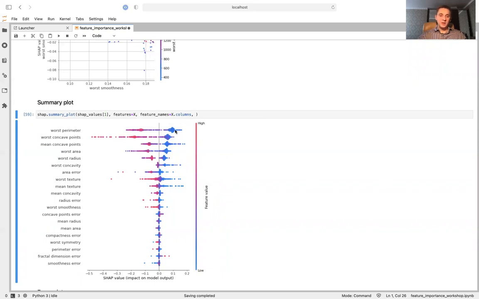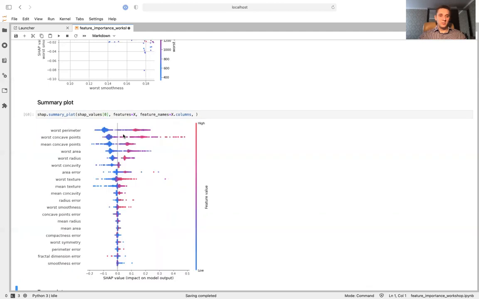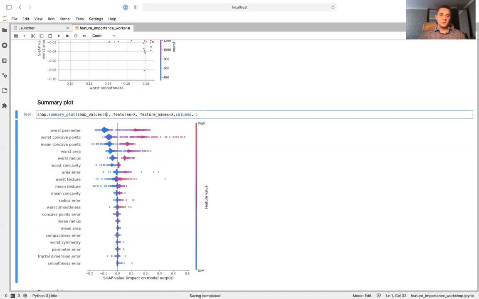So what we can see here is that lower values of your worst perimeter lead to higher probabilities of class 1. Here, as you can see, you have the probability of class 1. If we switch to this one, you can see that high values increase the probability of class 0.